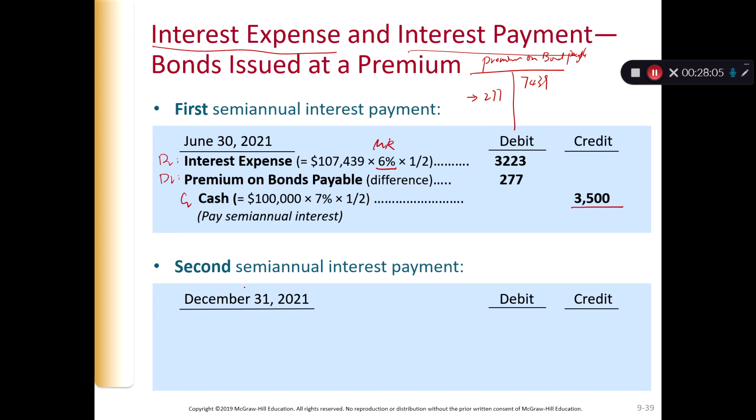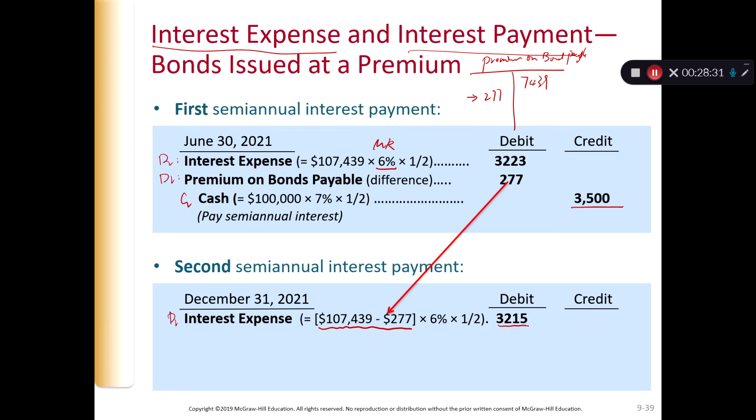Okay, the second semi-annual interest payment. Of course, first of all we want to reduce the carrying value, right? The difference, the amortization of the premium of $277, is going to reduce the carrying value of $107,439. The interest expense is going to be less than last period.